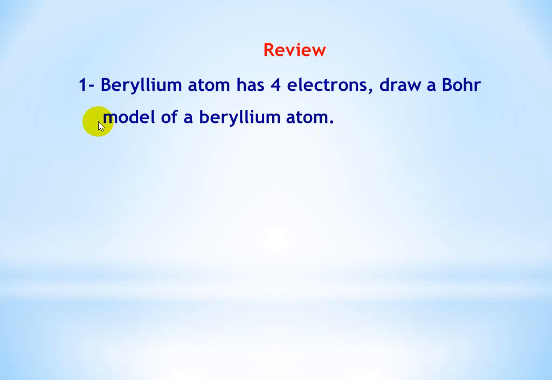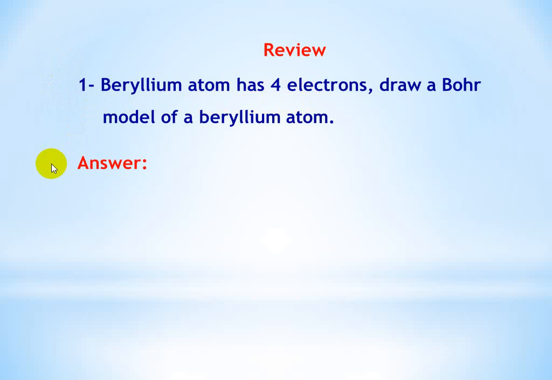Beryllium atom has 4 electrons. Draw a Bohr model for beryllium atom. Draw the electrons in energy levels. So how can we draw 4 electrons in Bohr model for beryllium atom?